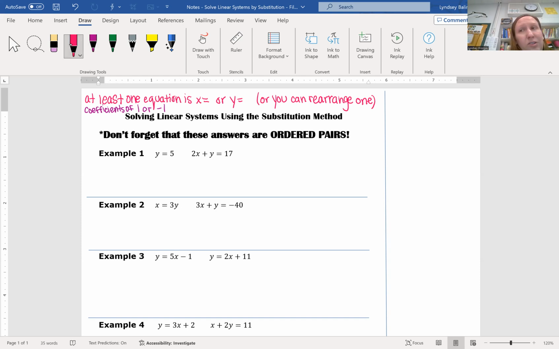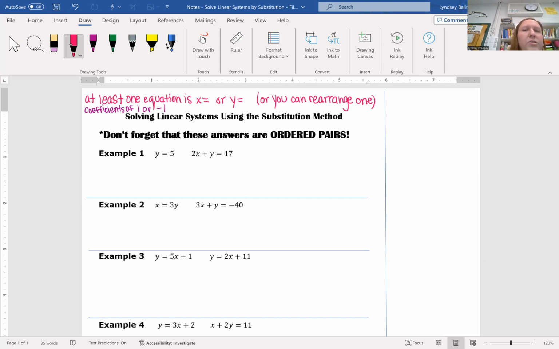Okay, it's not always just 1 or -1. You could have even numbers too, and it could still work out okay. But definitely coefficients of 1 or -1, you can rearrange it pretty easily to make this into a substitution worthy method.